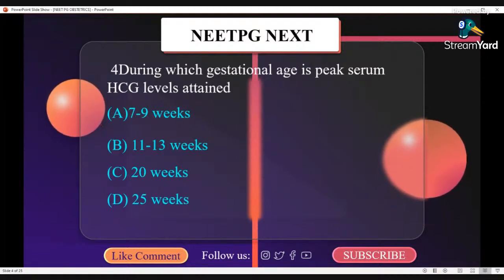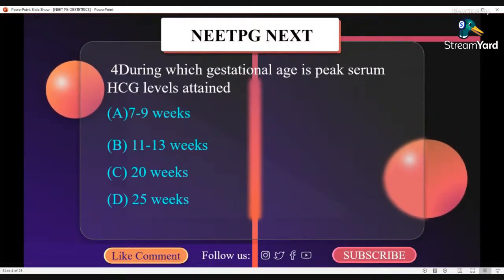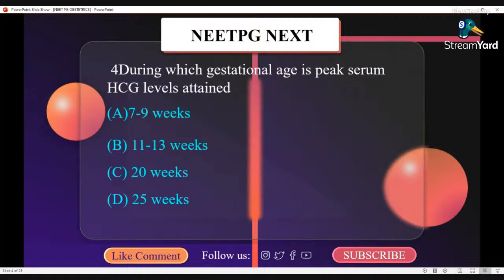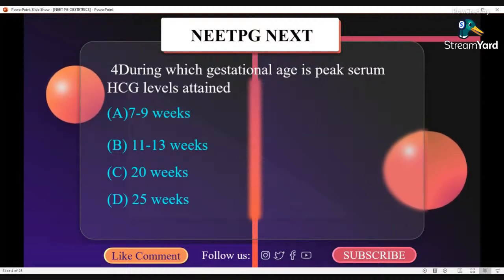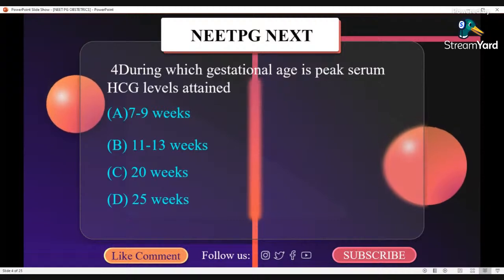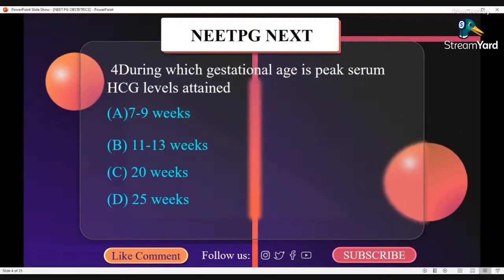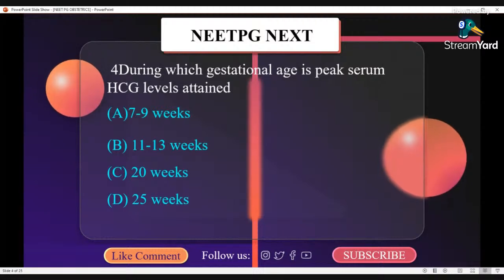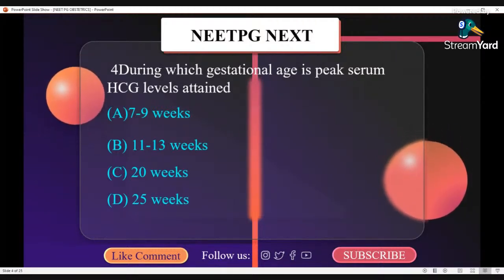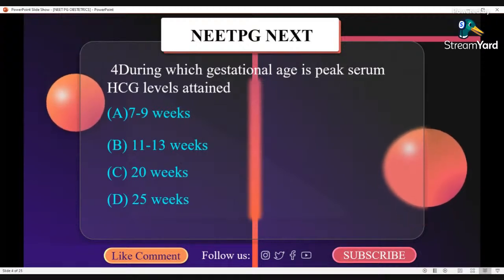Now, one fact I want to tell you is that hCG levels double every 30.9 hours. After every 30.9 hours, the hCG level doubles. hCG level reaches a maximum of 6,500 international units per liter at about 8 weeks. After that, hCG level remains more or less constant.